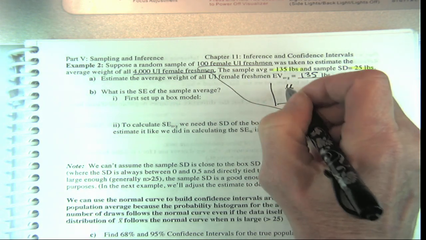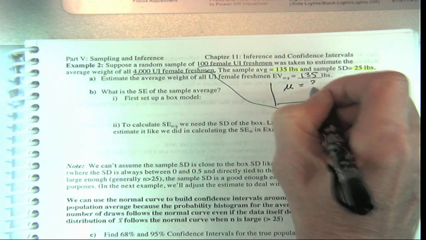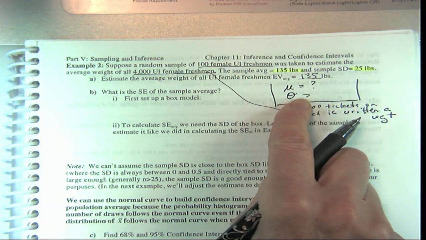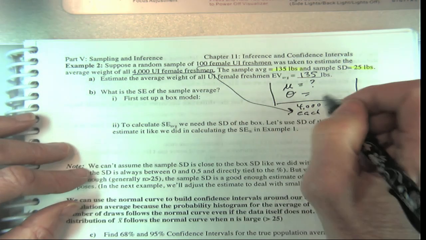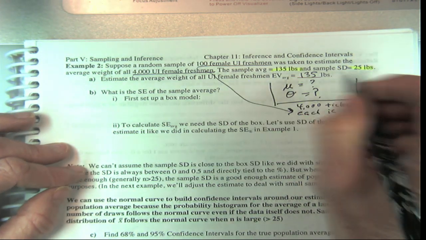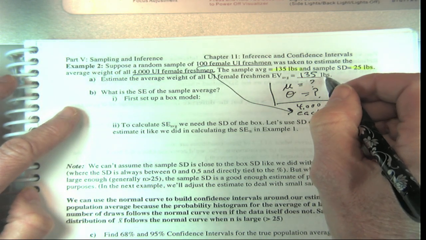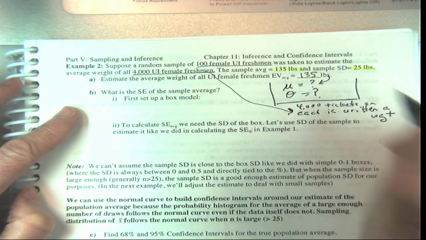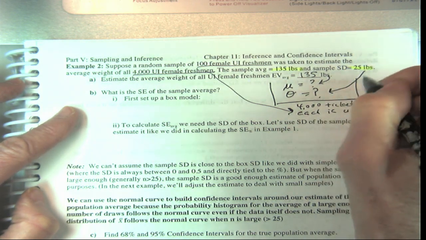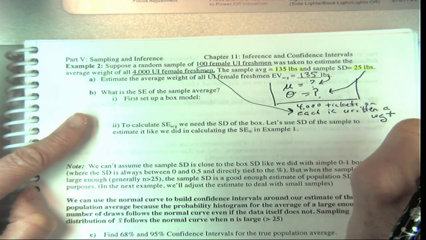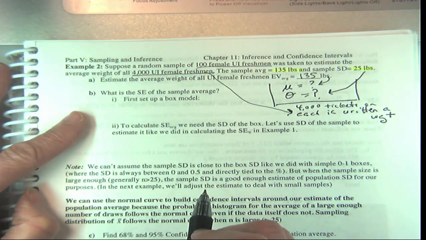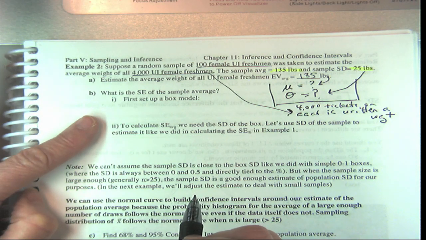The population mean, I'll put a Greek letter, mu for it, we do not know. And we don't know what the population standard deviation, sigma, is. But we're going to estimate it with that sample standard deviation. We're going to do that because our sample size is big enough. So let's do it.